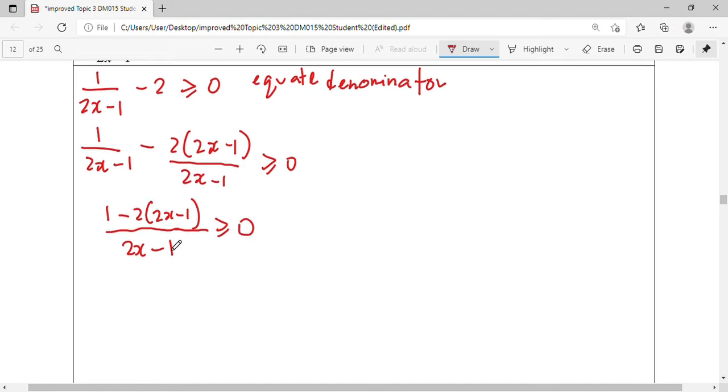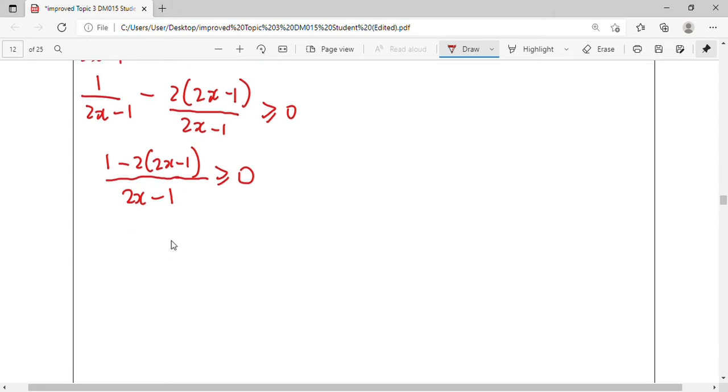Continue to simplify. Here the denominator doesn't change. For the numerator, 1 minus 2 times 2x gives minus 4x, and minus 2 times minus 1 gives plus 2, greater or equal to 0.